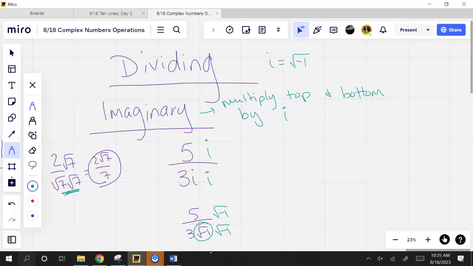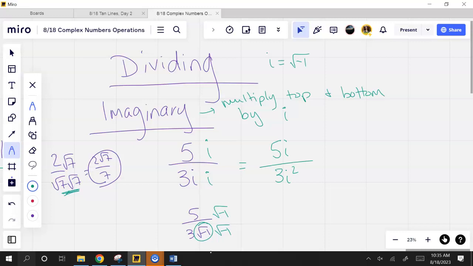Okay? When I do that, what happens to the top? 5i, right? There's not anything I can do with that. What does the bottom become? 3i squared. What do you do with a number with i squared hooked to it? You drop the i squared and you just change the sign, right?